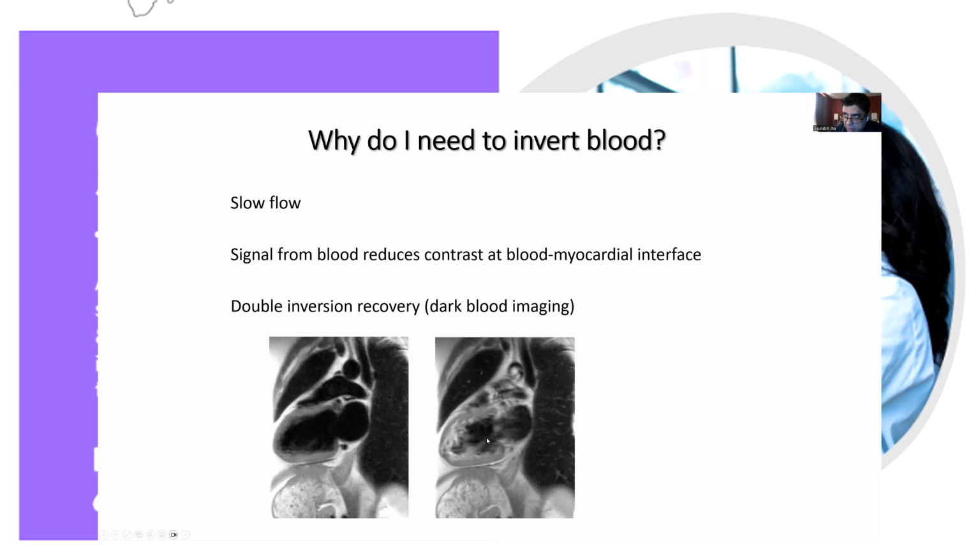Here, we're only relying on the motion of the blood. Here, this is an inversion recovery where we are actually suppressing the blood. So we did the imaging when blood crossed the zero point. That is what we call double inversion recovery, and I'll explain the double part a little bit later on.